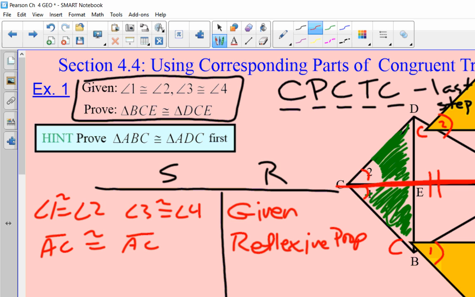Now looking at the two gold triangles, is there a way I can prove that those two are congruent to each other? And you can. Let's watch this. We've got an angle, a side, and an angle congruent to an angle, a side, and an angle. So I'm taking their hint. They gave me a hint: do that first.